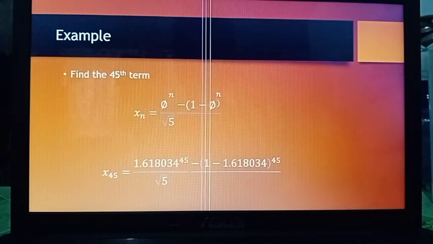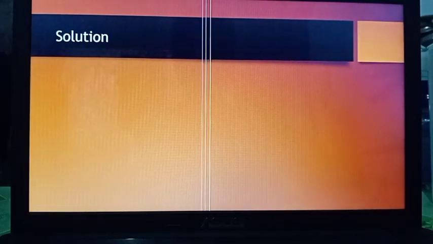The constant value for the golden ratio is 1.618034 raised to 45, because we are finding the 45th term, minus 1 minus 1.618034 raised again to 45, all divided by the square root of 5. So next, here's the solution.